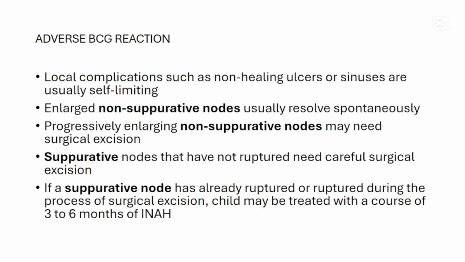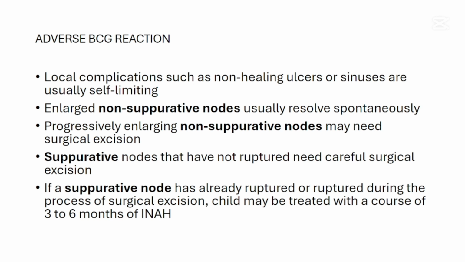And if the suppurative node ruptures during surgery or spontaneously, we may need to treat with anti-TB treatment. For that anti-TB treatment also, we have two schools of thought. Some recommend, and also in our guidelines we say, we should give INH prophylaxis for 3 to 6 months.